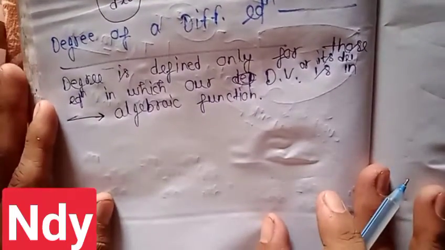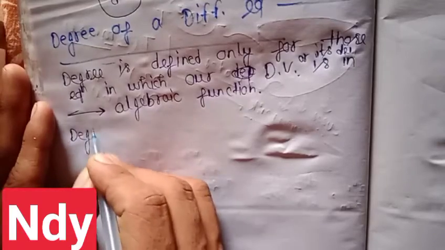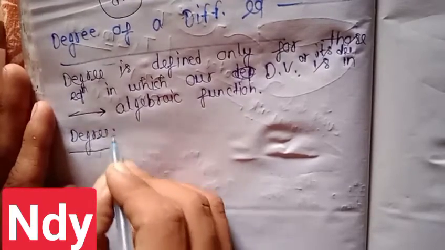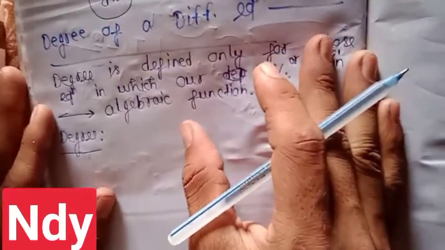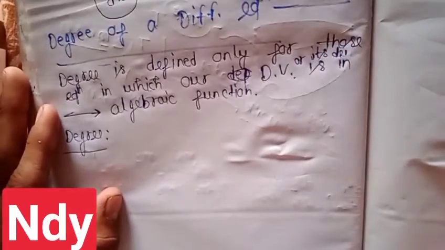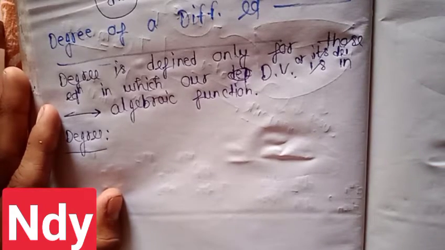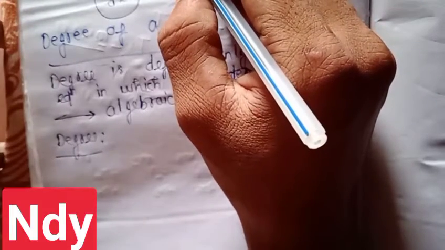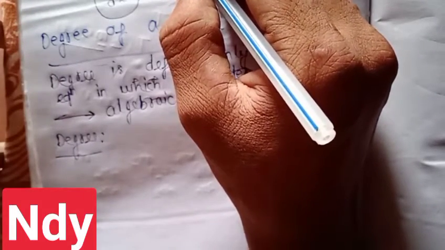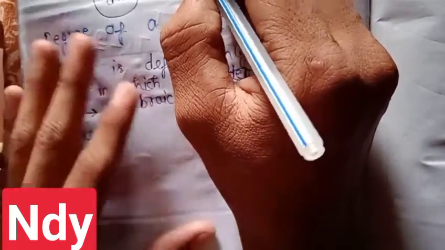Okay, and now we define degree. Degree is the power of the highest differential coefficient, that is, the power of the term whose order we have already defined.